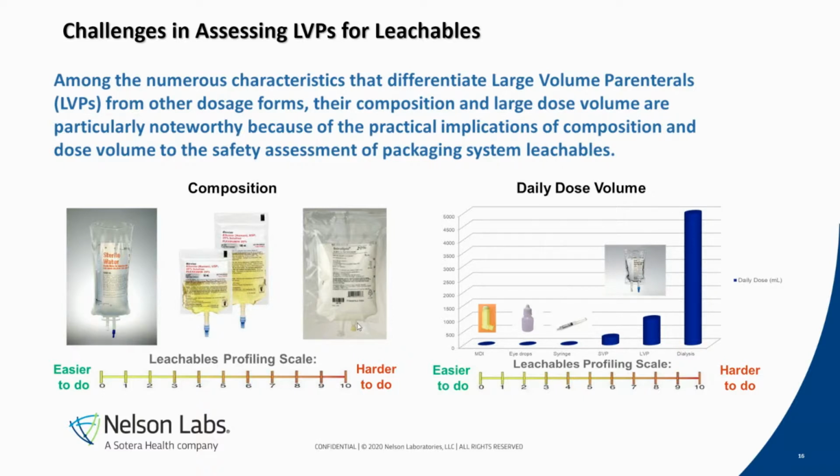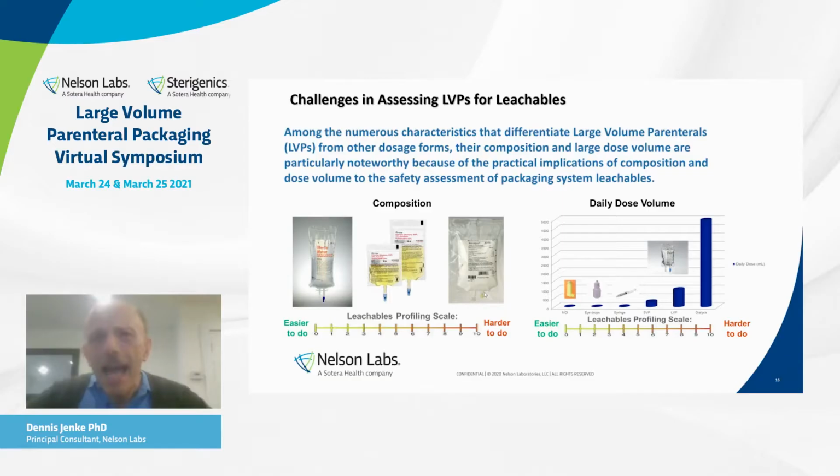As the volume goes up, the daily dose, or the patient exposure to a leachable, increases. And that means you have to be able to test the drug product for leachables at lower and lower concentrations. So not only is it becoming harder to screen the drug product because of composition, you have to screen it at lower and lower concentrations.